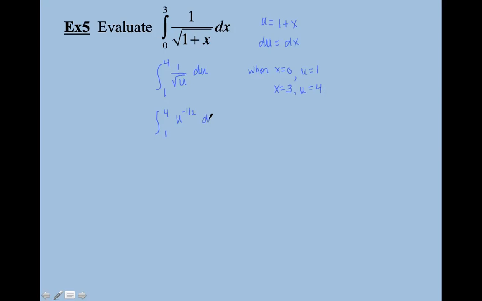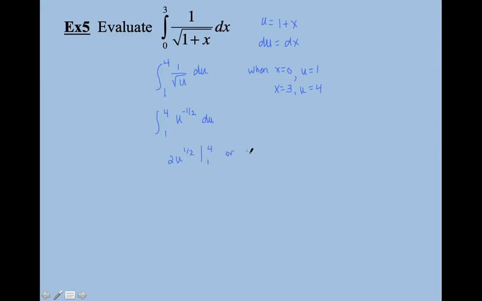du. I find the antiderivative, and remember when it's a definite integral, when you're finding the antiderivative, you can evaluate it at these values. You don't have to change back to this 1 plus x. So the antiderivative of u to the negative 1/2: negative 1/2 plus 2/2 is 1/2, over 1/2 would be 2u to the 1/2, evaluated from 1 to 4.